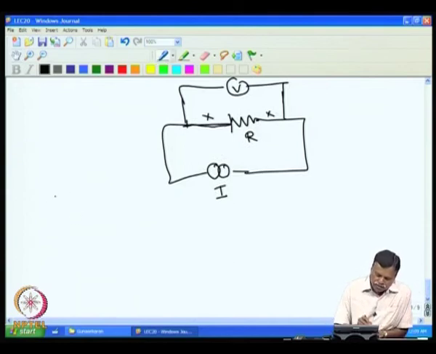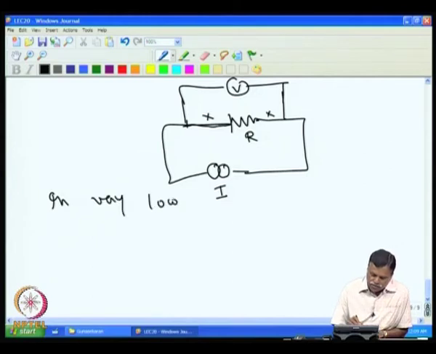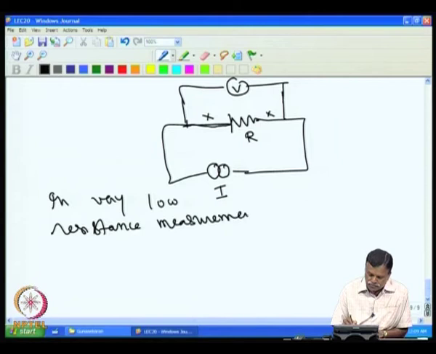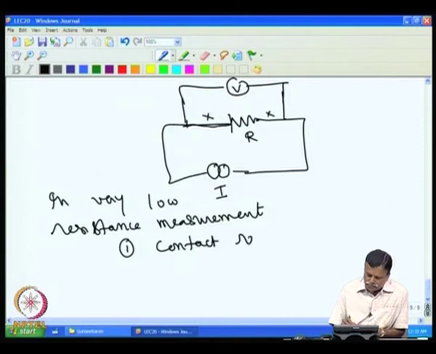So, in very low resistance measurement, we will get issues like this. One, the contact resistance is added to the real value.